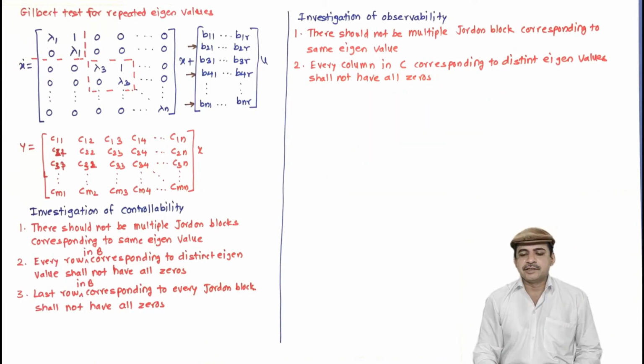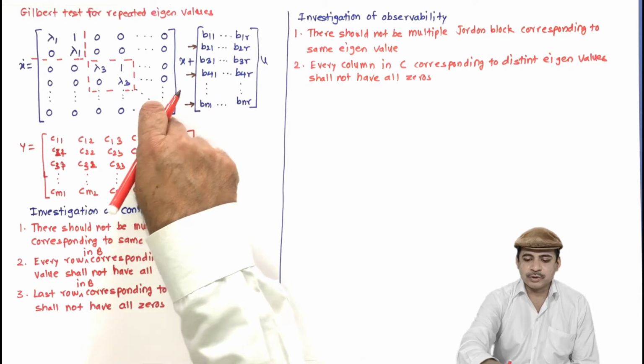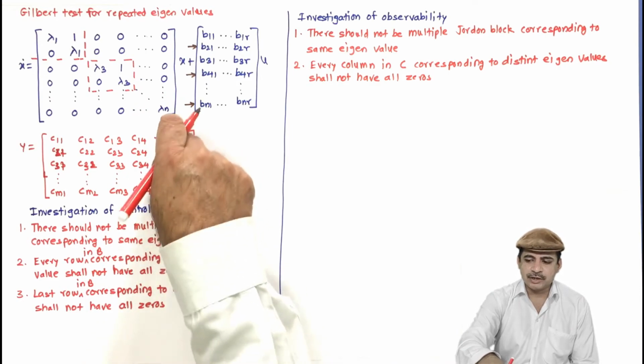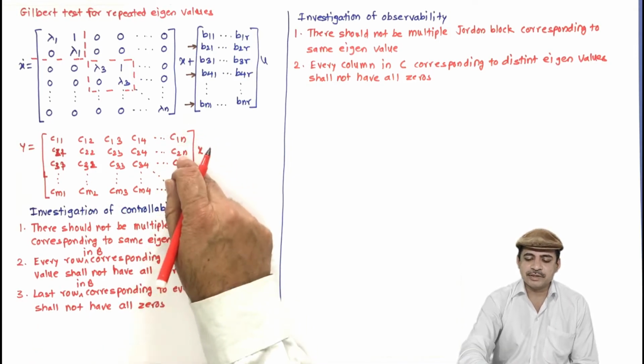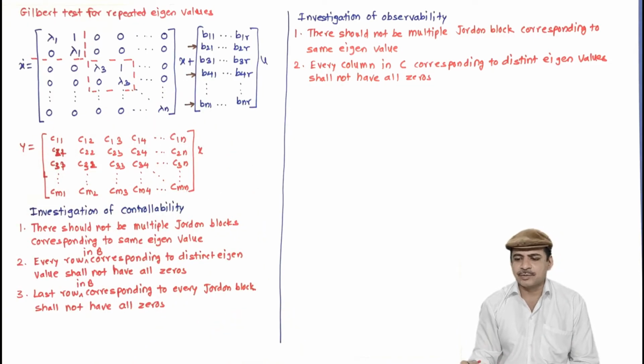What does it say? So here lambda n is the distinct eigenvalue, so it's in the nth column. So the nth column in C, this one, shall not have all zeros. If this column is not having all zeros, in this particular case lambda is observable, or this particular case state is observable.